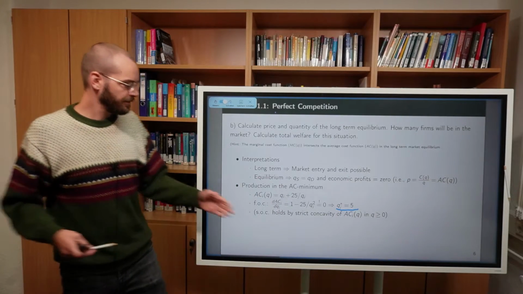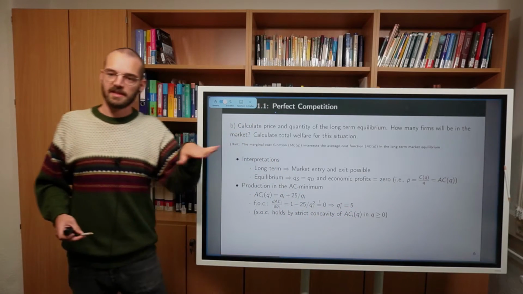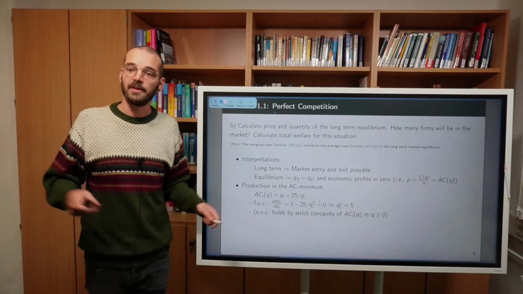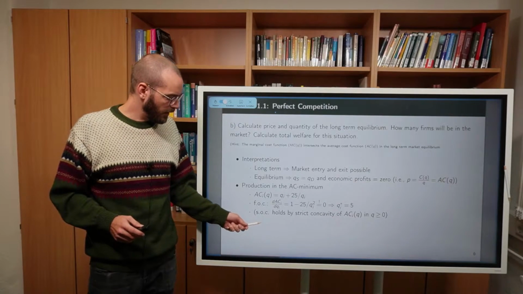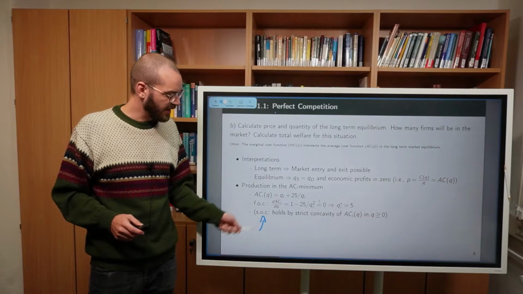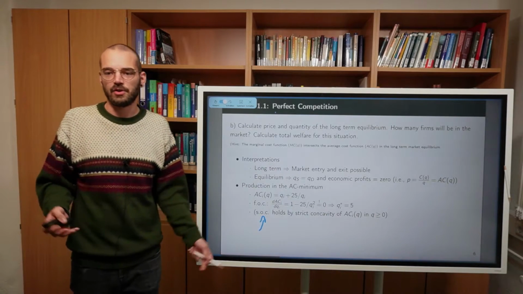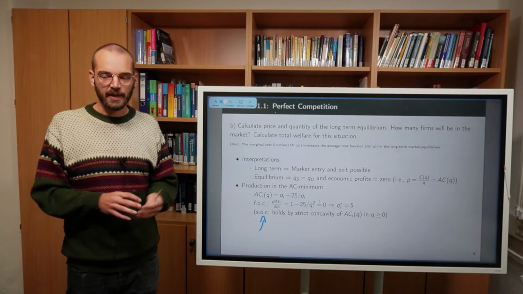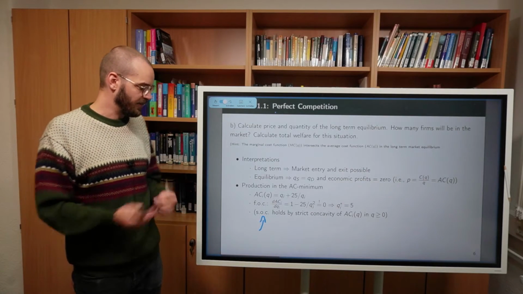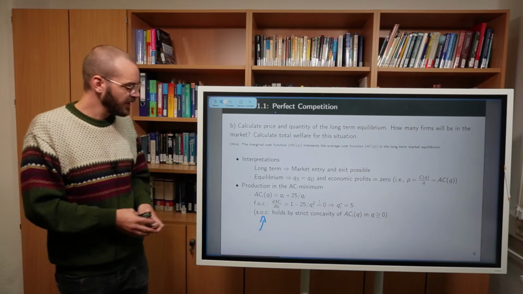Now, of course, we also glossed over this in the previous problem. We actually have to check the second order condition for this to be an actual minimum as well. For this exercise, we can skip this part in order to keep this nice, clean and simple.